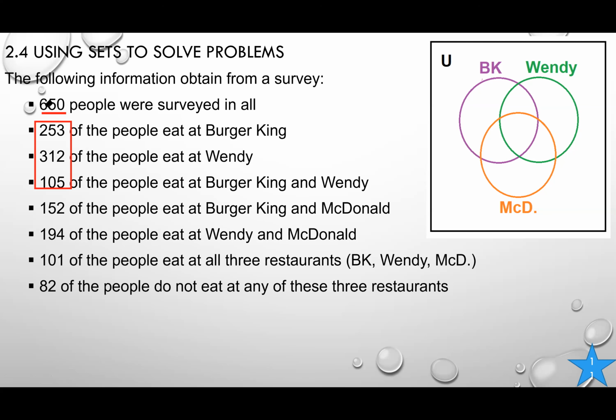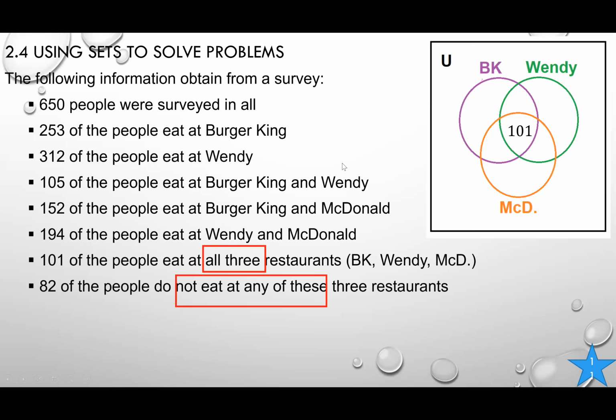You have to analyze. Most of the time, the 2 things you want to look for are all 3 and none of the 3. What does that mean? Do you agree that all 3 restaurants is the people in this region here? Where do the people who eat at all 3 go? Whoever is in this region eats at Burger King, so they are in the purple circle, the green circle, and the orange circle.